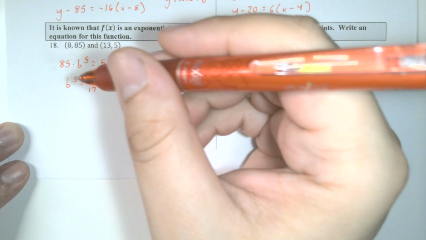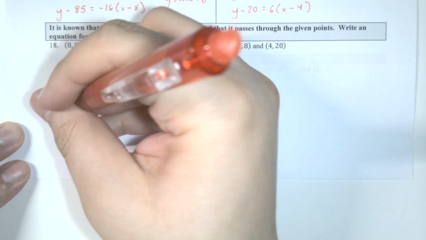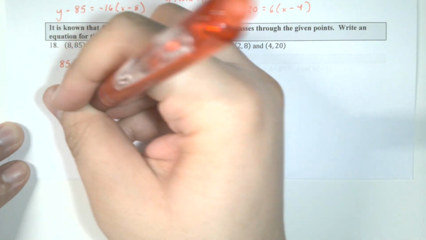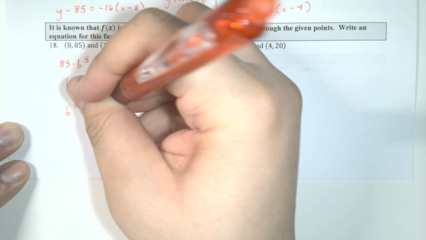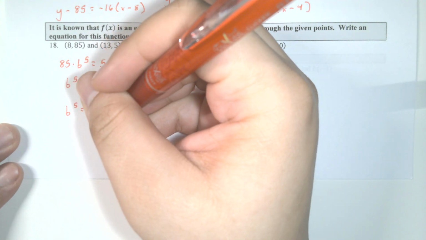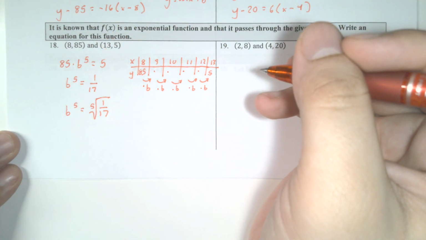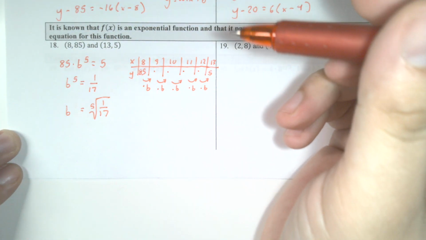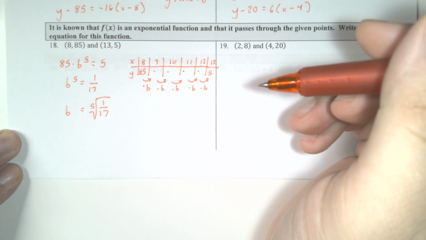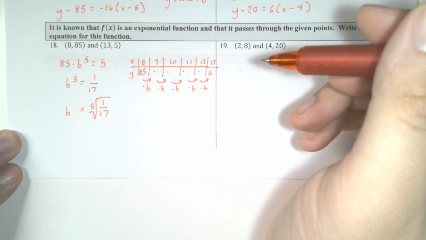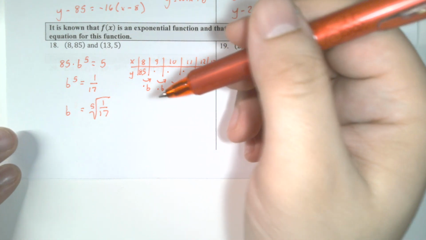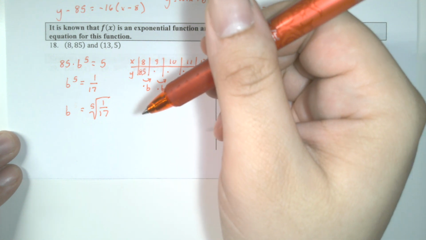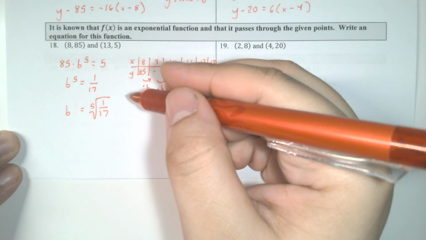And then we just have to take the 5th root on both sides. Sorry, I wrote b to the 5th, but b is equal to the 5th root of 1 over 17. Okay, so now that we have our common ratio, this is the hard part, and that's done. Now we just need to plug this back into our formula.